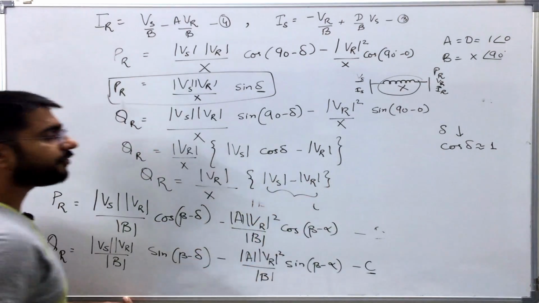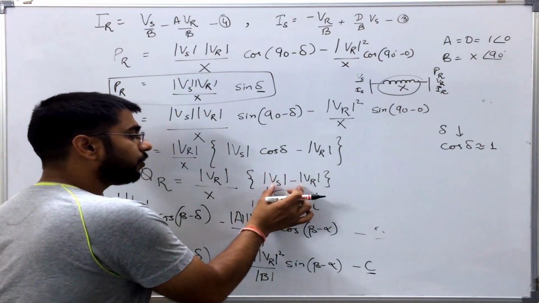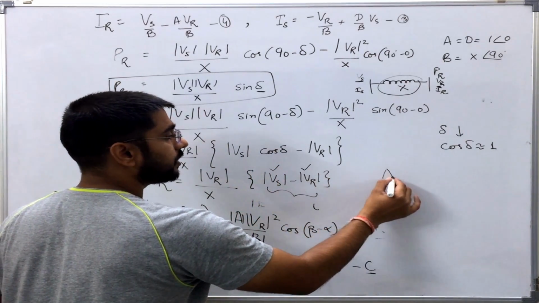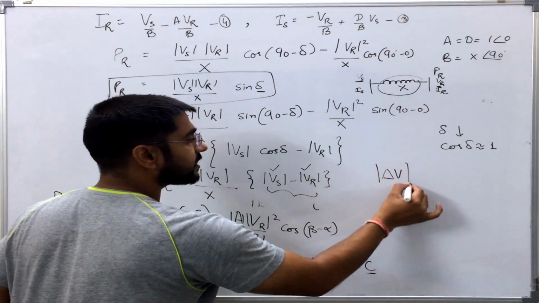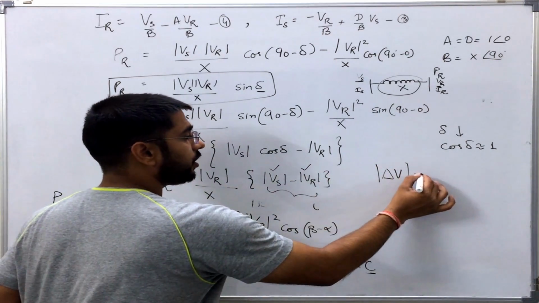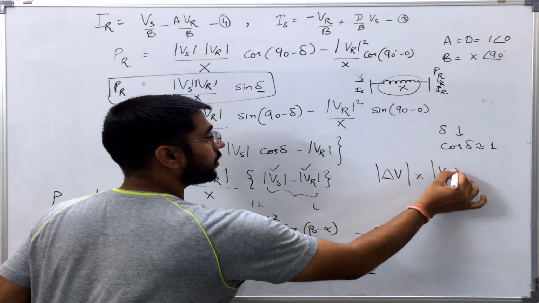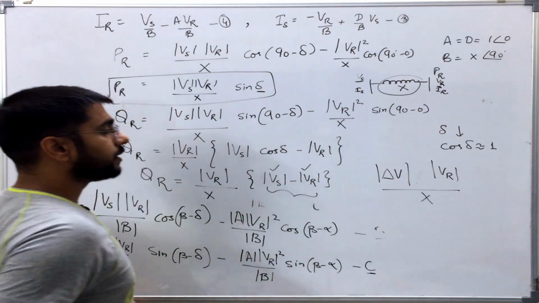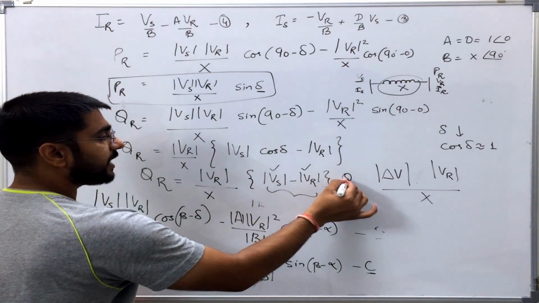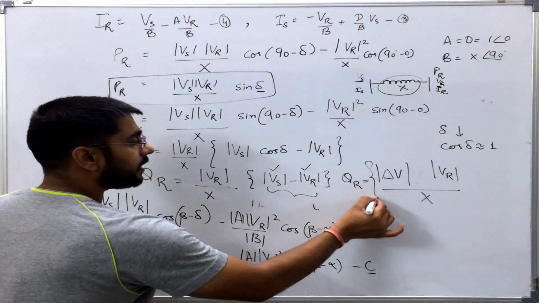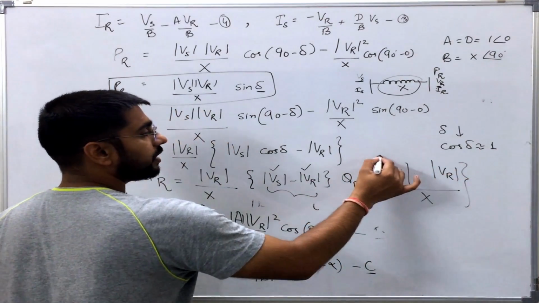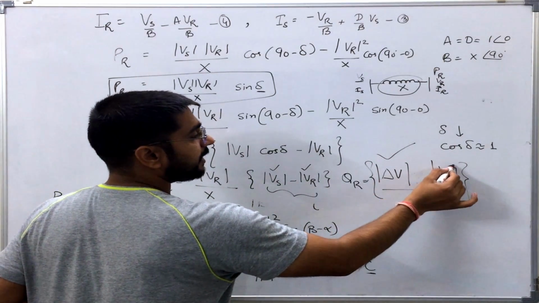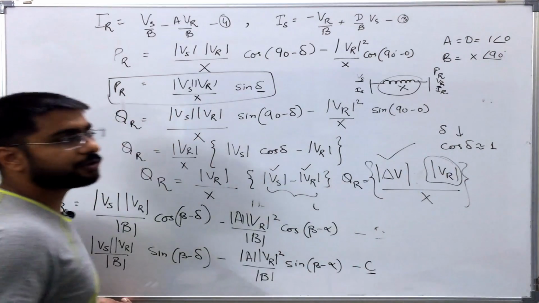So what is it? It is nothing but the difference between the magnitudes of the sending end voltage and the receiving end voltage, or I can simply write it as the magnitude of the change in voltage across the length of the line, into VR over X. So you see that the receiving end reactive power is proportional to the voltage drop across the length of the line if the receiving end voltage is taken as constant.